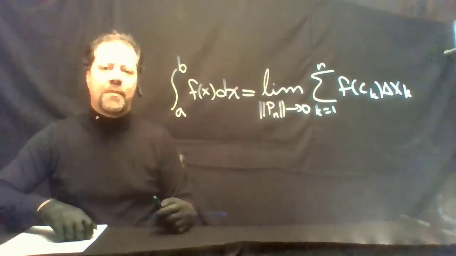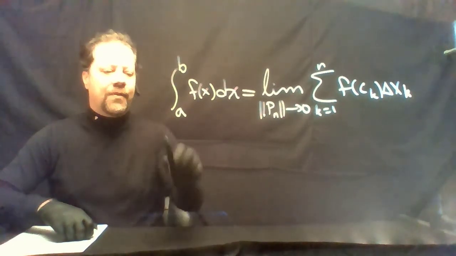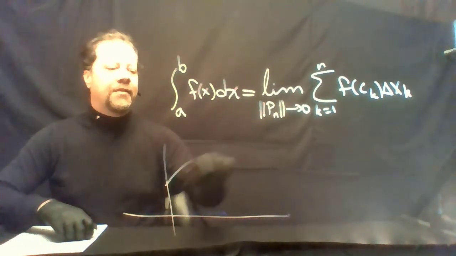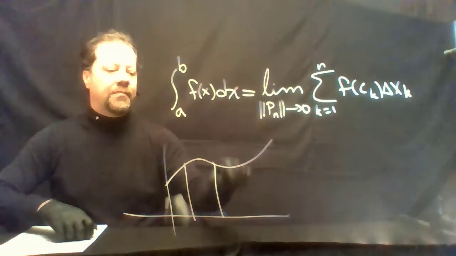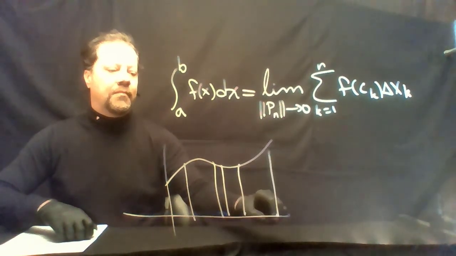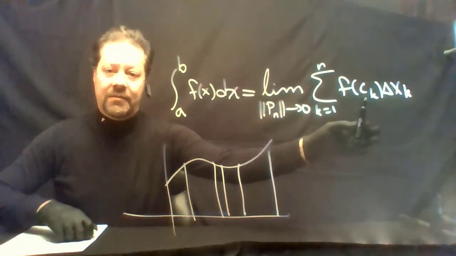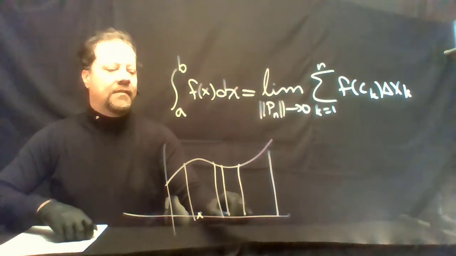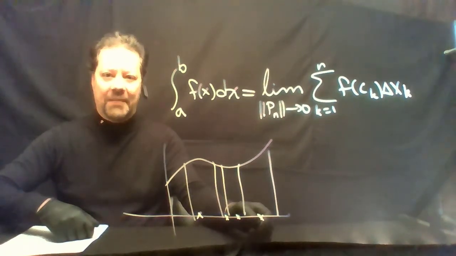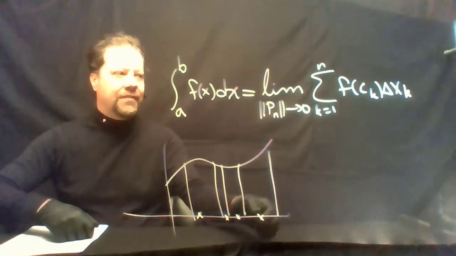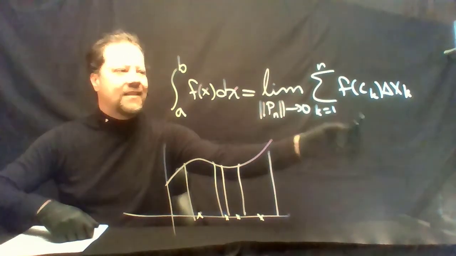This general form of the definition allows for variable interval widths, the delta xk, and random sampling points within each of those intervals at which you evaluate the heights.